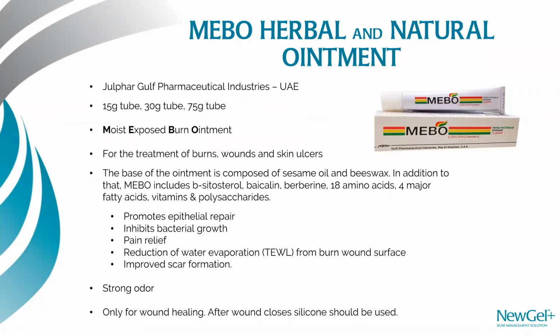Something that's unique to the Middle East, although it was available on American Amazon, is Mebo. It stands for Moist Exposed Burn Ointment, and this product is more of a wound healing product.